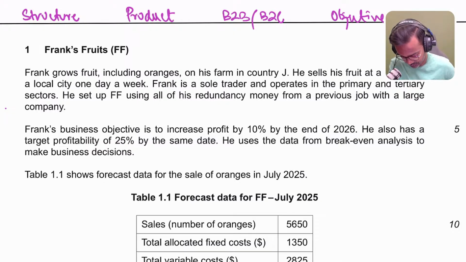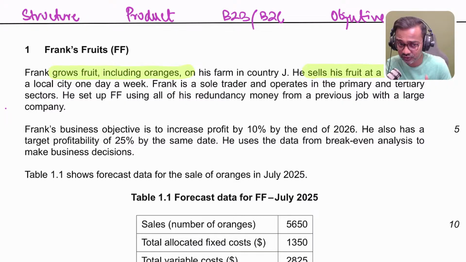Okay, so let's begin. And this one says, Frank grows fruit, including oranges, on his farms in country J. He sells his fruit at a market in a local city 1 day a week. So we've got a little bit of information here: their product is obviously fruits, where oranges seem to have been emphasized, and how he sells them is that he sells them at a market.